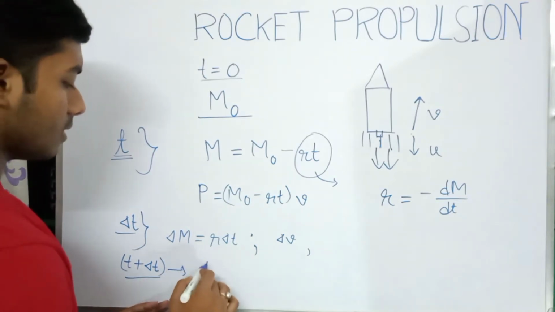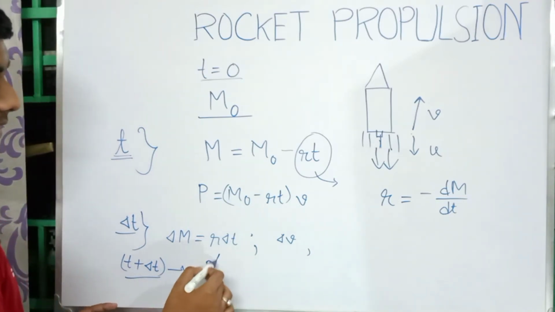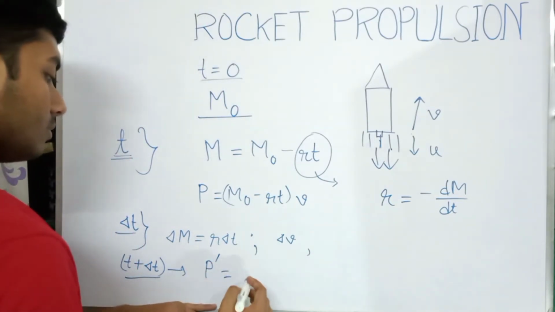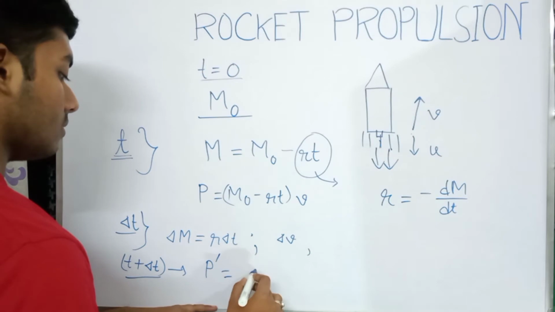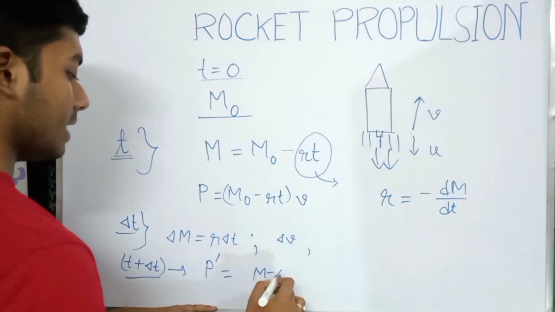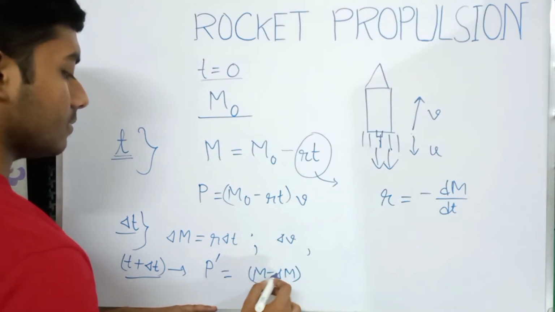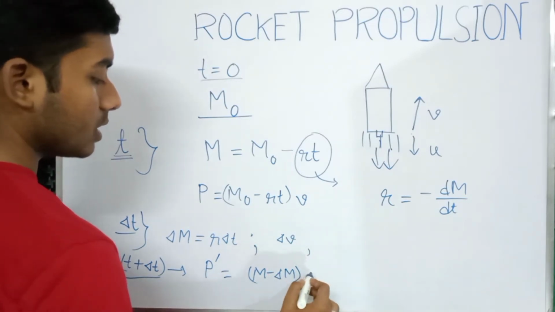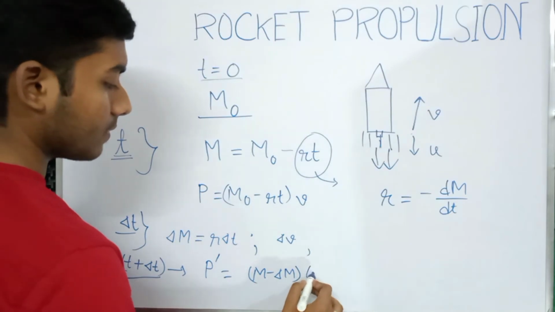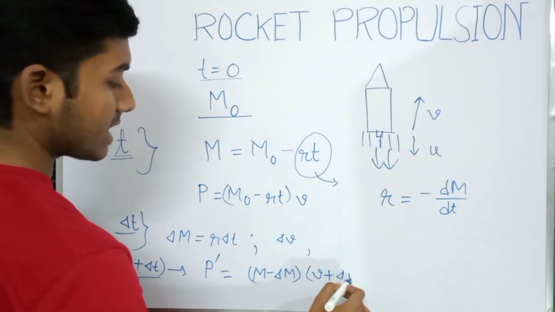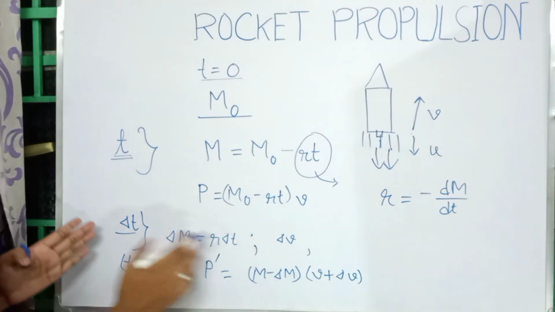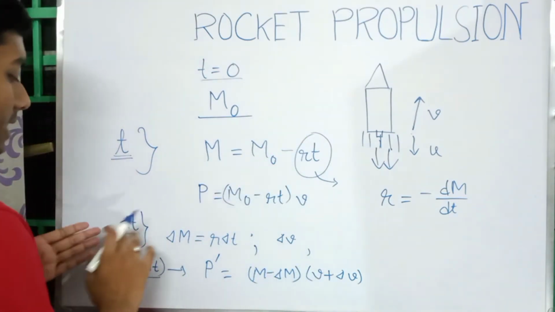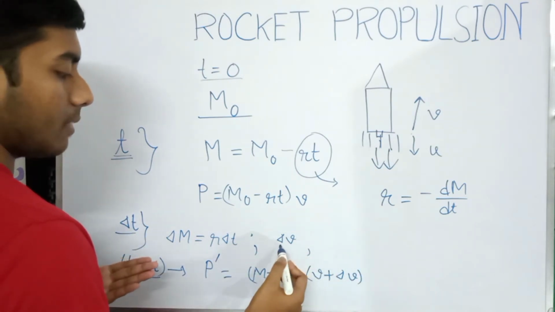The momentum, suppose we write this as p dash, will be equal to (m minus del m), that is the mass of the rocket after the decrease, into the velocity of the rocket, v plus del v, as v was the velocity of the rocket at time t, and in time del t it has increased by del v.